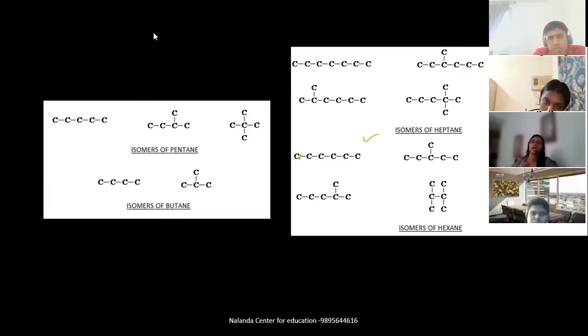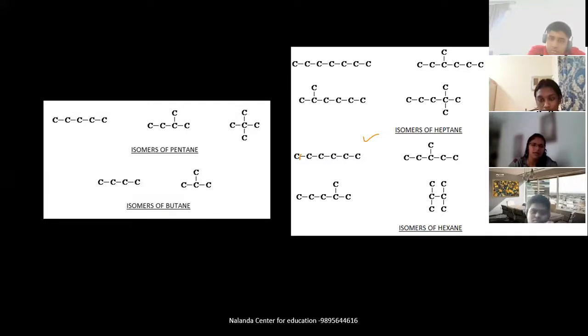We only have structural isomers which need to be studied. There are many kinds of isomers. Functional isomers are there, chain isomers are there, but we just have to study structural isomers. Are you guys clear with this? Which should we study for isomers? Butane, pentane, hexane, and Madhu, there was one question for you, no?